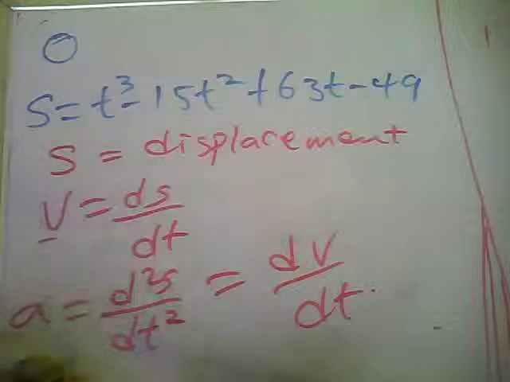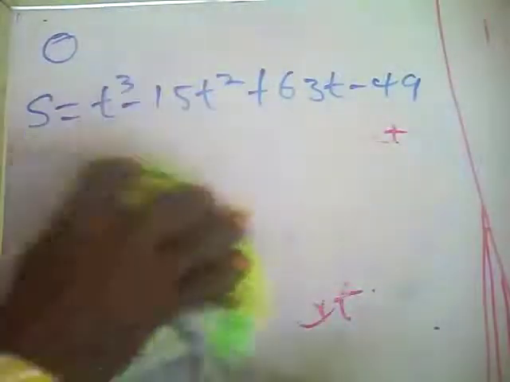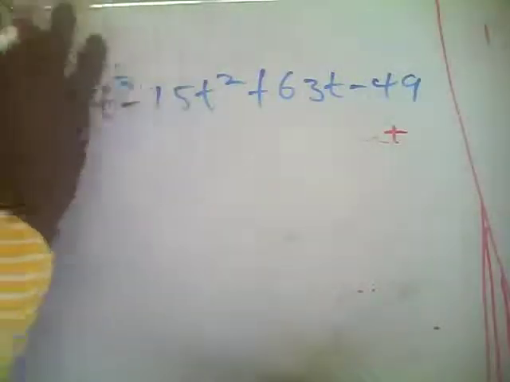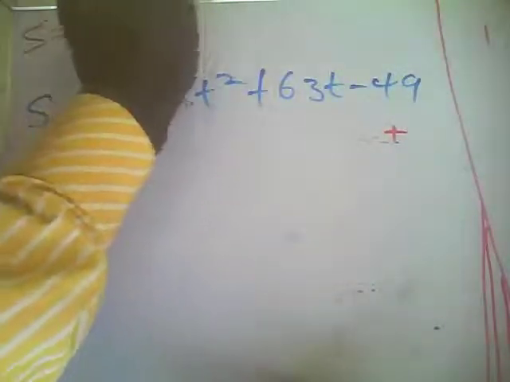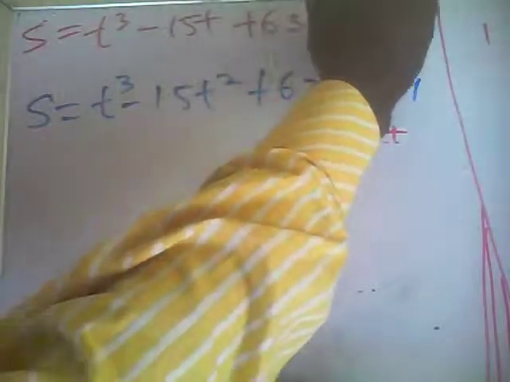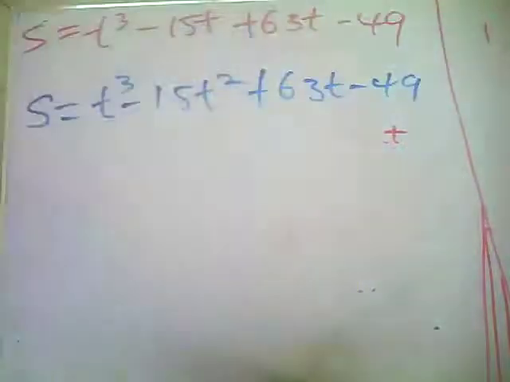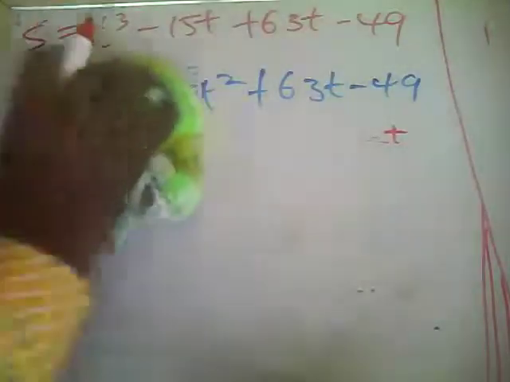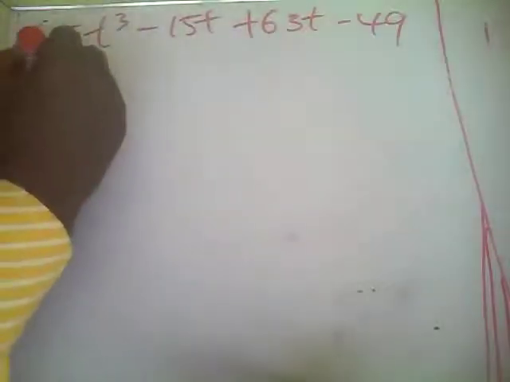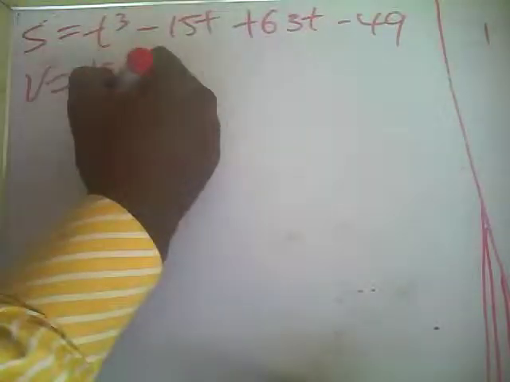Now, let's solve this problem. We have to calculate the distance when the particle is momentarily at rest. First, since s is t raised to the power 3 minus 15t squared plus 63t minus 49, we have to find the velocity equation, which is ds dt.